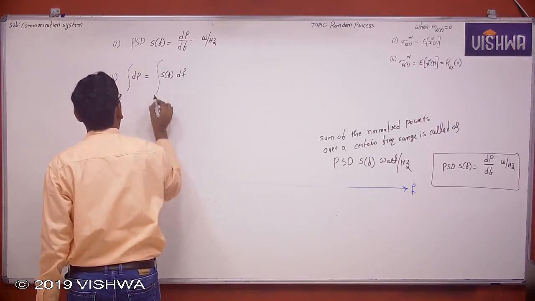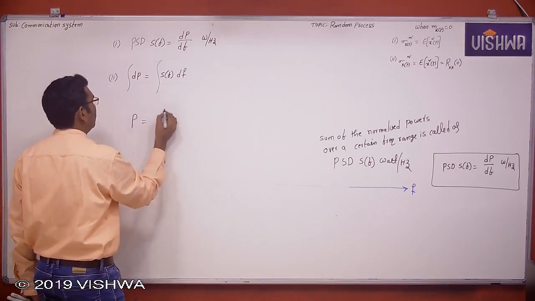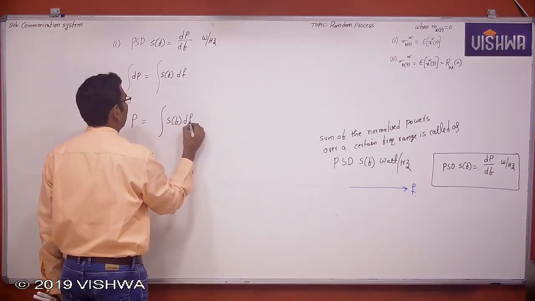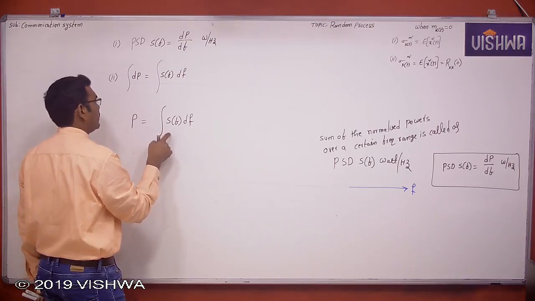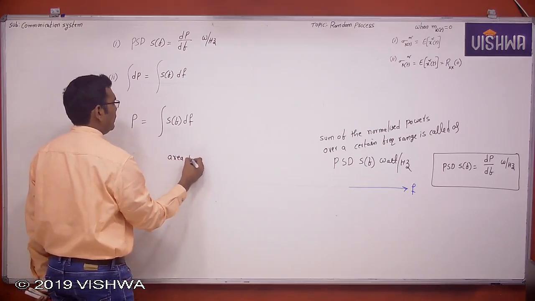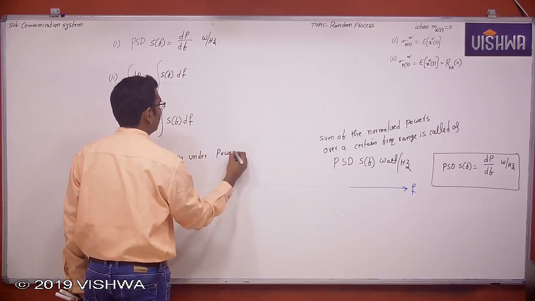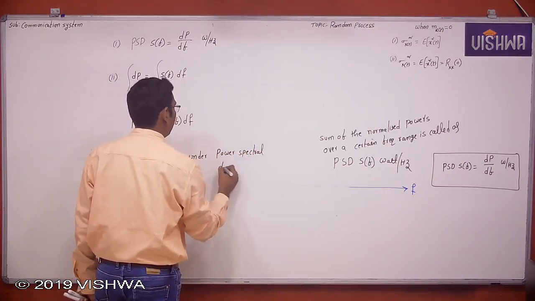Integrate both sides. Integration of dP is nothing but P, and integration of S of f df is the area under the power spectral density.